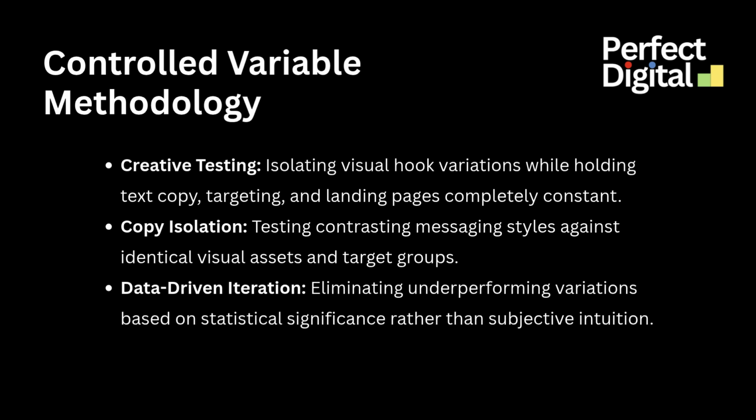Run identical ad text, identical targeting parameters, and identical landing pages while changing only one visual hook. When testing copy, isolate the text, putting contrasting messaging angles up against the exact same image and audience group to see which headline concept drives higher engagement.